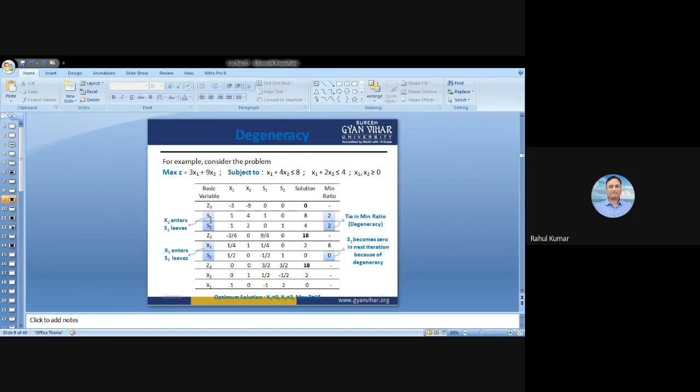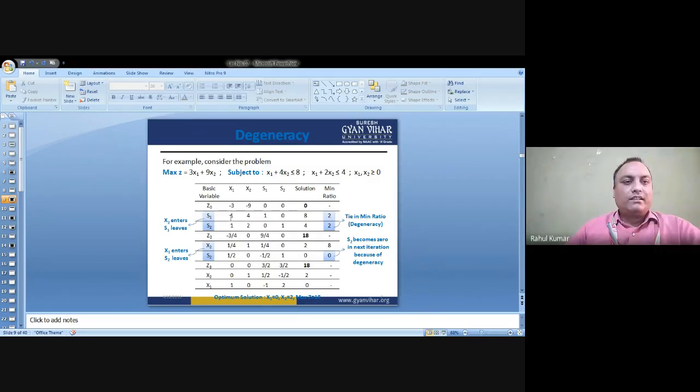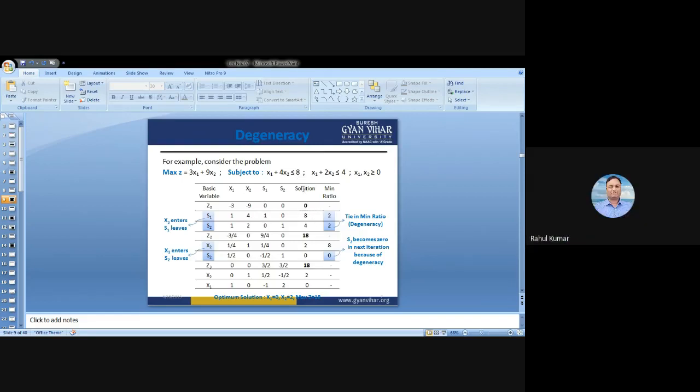For the two slack variables s1 and s2, we can write these constants: 1, 4 for slack 1, and here for slack variable 2, 1, 2, then 0, and here 1, and here 4.